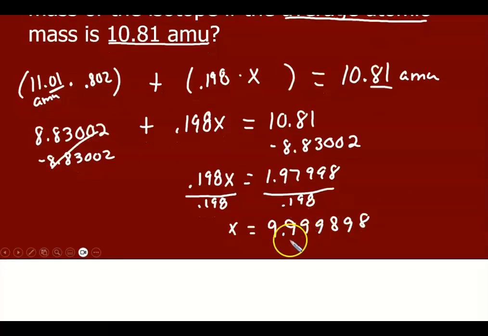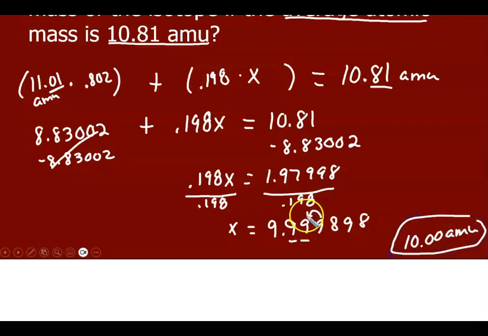So I would go out 2 decimal places, but this 9 is going to cause that 9 to become a 10, which is going to then carry 1, which is going to cause that to be a 10. So the answer really for this problem would be 10 AMU. You'd only continue to keep rounding if it's 9s.